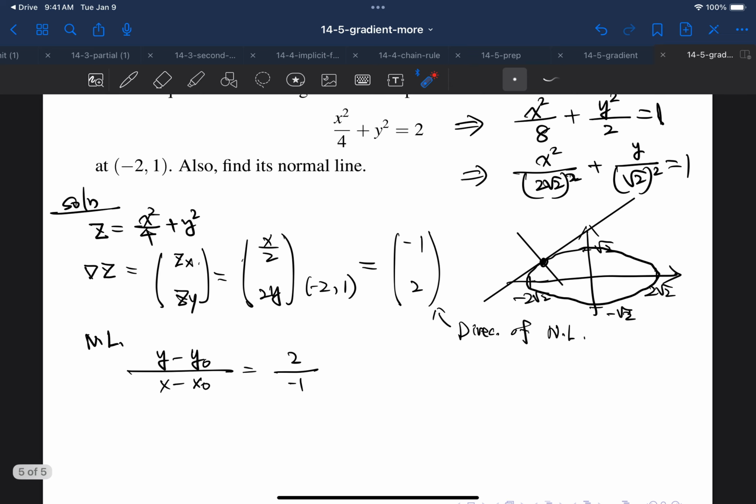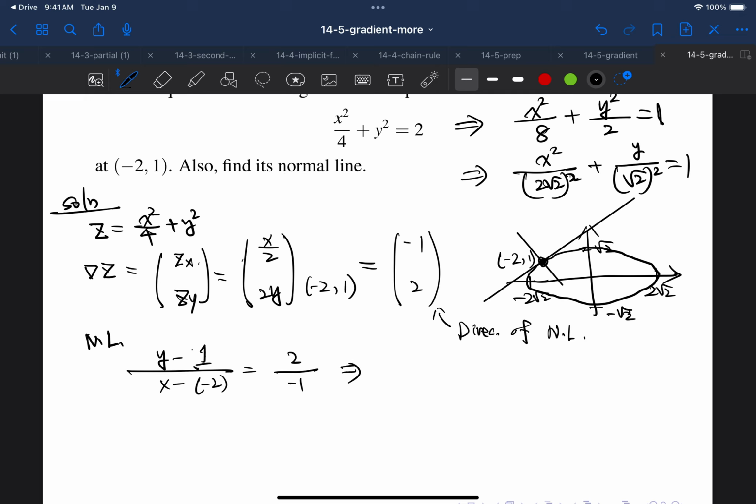And I want to replace x0, y0 by the actual numbers here. This number is -2, 1. So I can use -2 for x0, and 1 for y0.